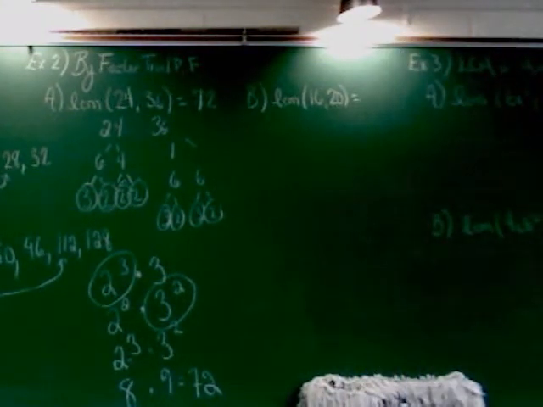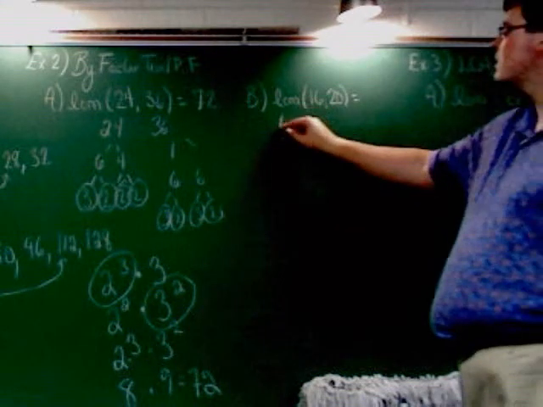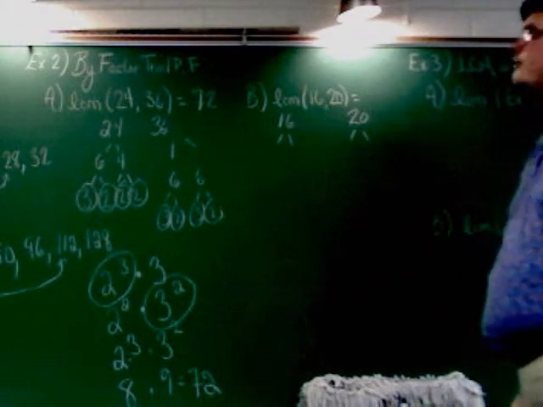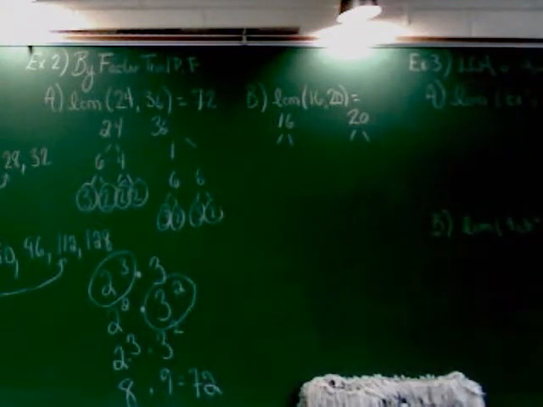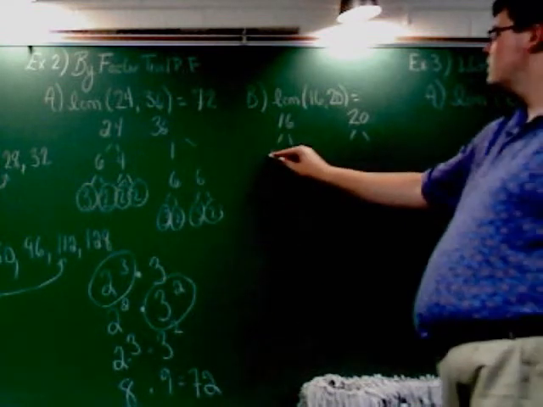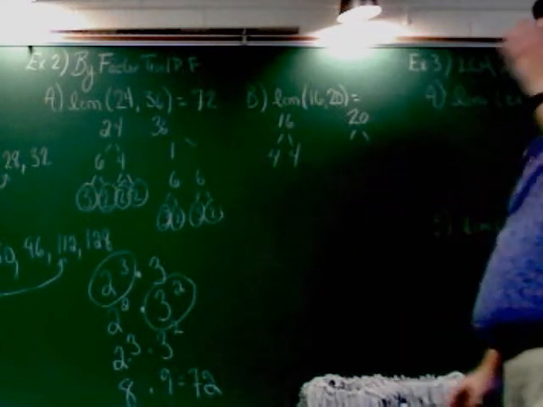Part B, we're finding the least common multiple of 16 and 20. You're familiar with the first part. You should be very comfortable with this by now. Factor trees of 16 and 20. Okay, break down 16. 4 and 4. I'm glad you said that.